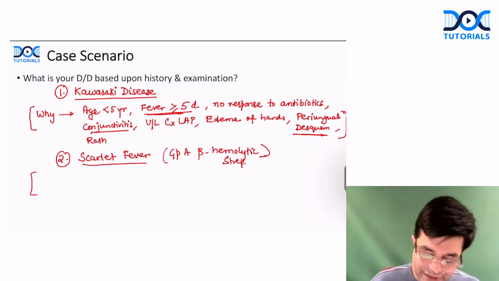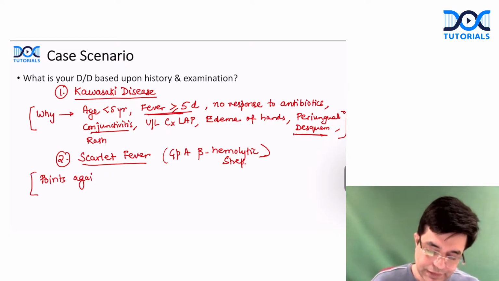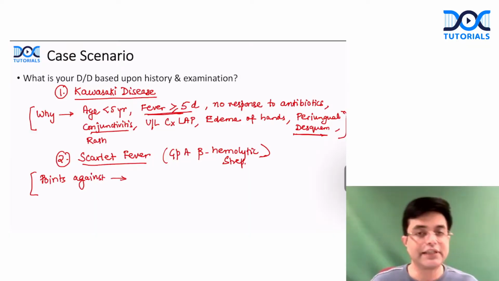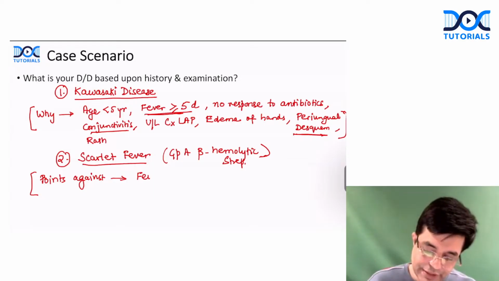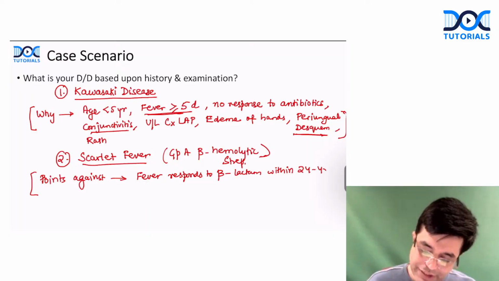But what are the points against scarlet fever? First of all, scarlet fever is a streptococcal infection. Nelson 22nd edition says the fever in this patient responds dramatically to beta-lactam antibiotics within 24 to 48 hours.